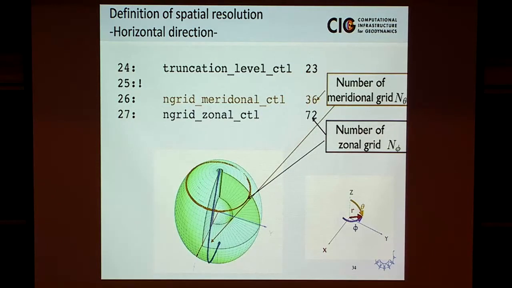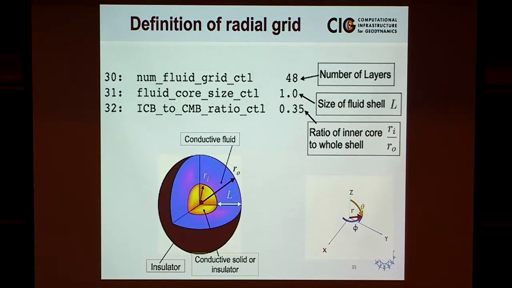And lastly, radial grid. So it's a little bit of a strange approach or definition for the dynamo community. We set a length scale by using the thickness of the shell, and we also define the ratio of the radius of the inner core boundary to the core-mantle boundary.